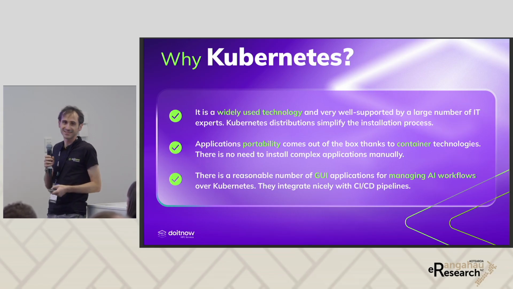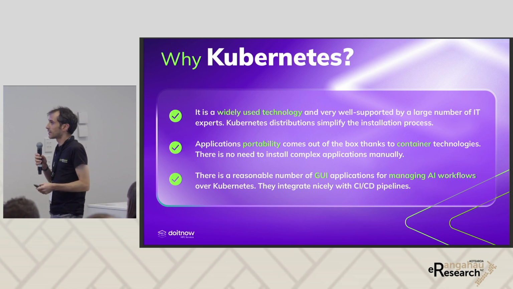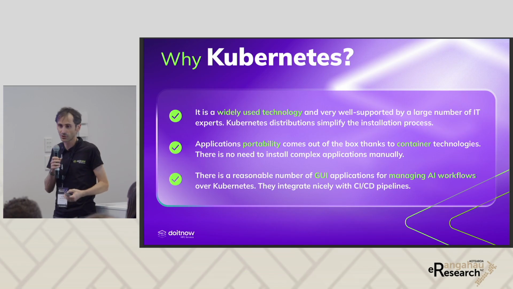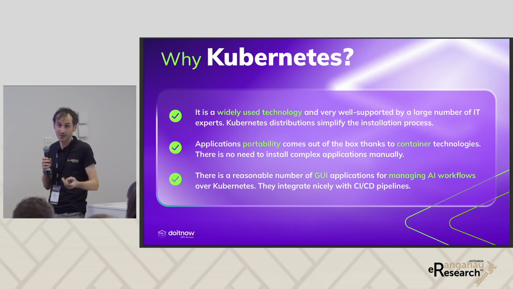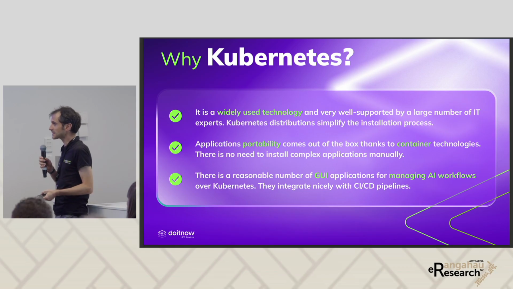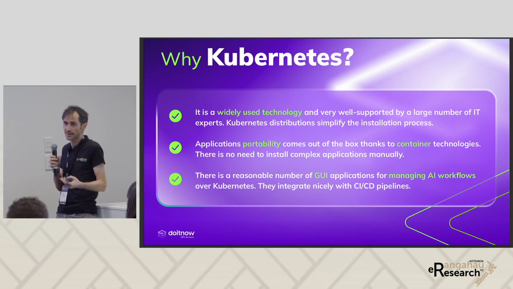When coming to the realm of scientific computing, it comes with quite a lot of advantages. For example, application portability, thanks to the usage of containers, but also, as I was mentioning, the availability of graphically enabled interfaces that make the life of users easier, and also ease of integration with CI/CD pipelines and the like.